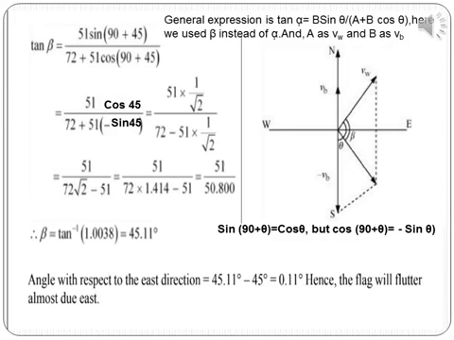As beta is the angle between the wind and the relative velocity VWB, which is the velocity of wind with respect to the boat, the angle made by the direction of wind with respect to east direction is 45.11 degree minus 45 degree, equal to 0.11 degree. This gives the direction of the flag on the mast of the boat. Hence, the flag will flutter almost due east.